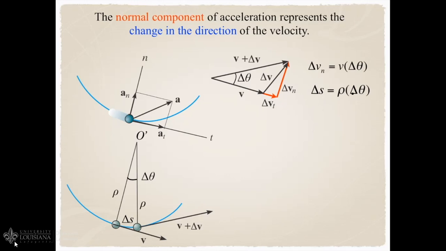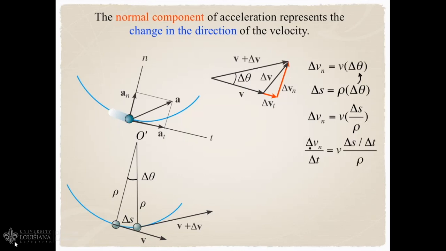Now, I can solve for delta theta in this equation and substitute it right up in here. And when I do that, I get this equation. In other words, delta theta is equal to delta s over rho, which is indicated here. Finally, I can take the time derivative of each side of the equation.